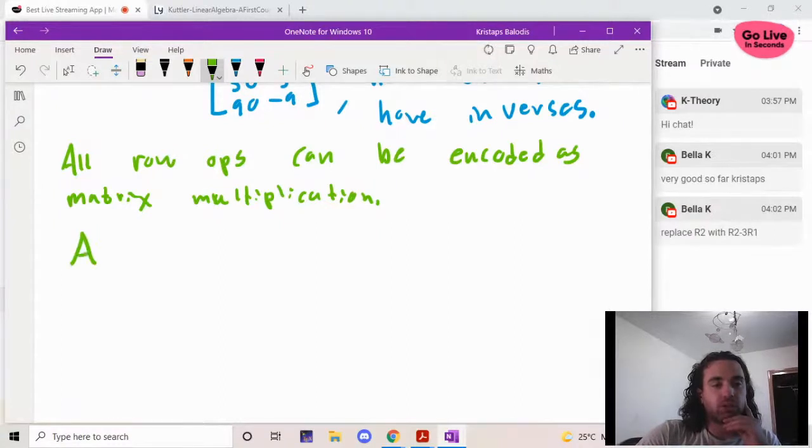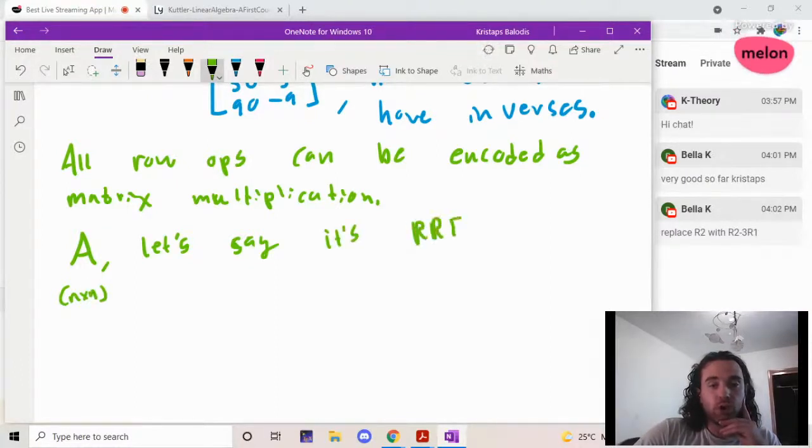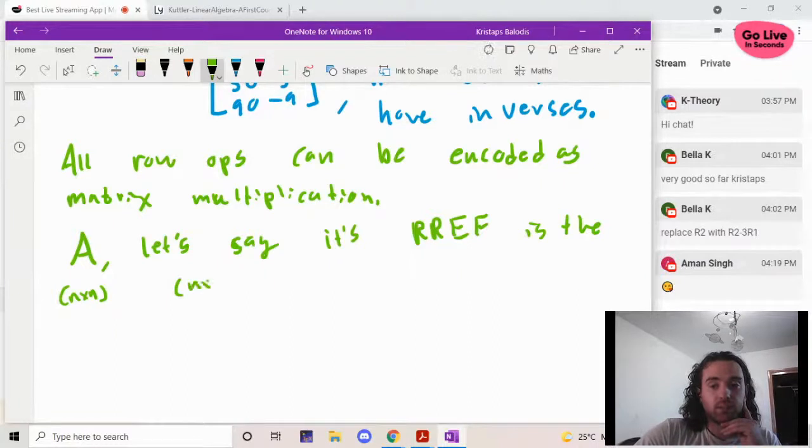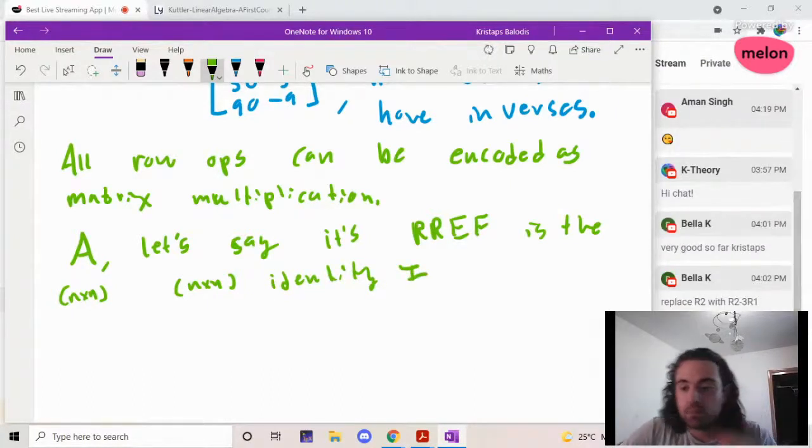So say I've got some matrix A, and let's say A is an n by n matrix, and let's say its reduced row echelon form is the n by n identity, which I'll write as I, right?